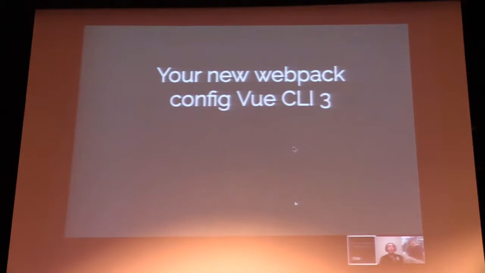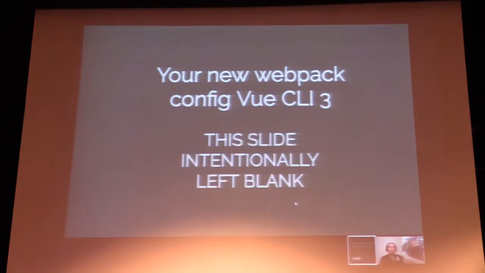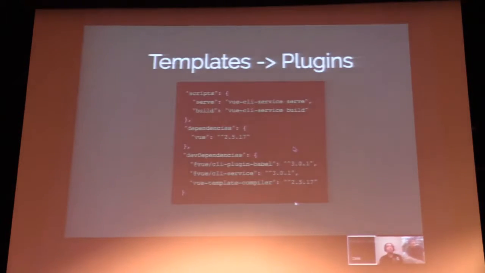So now with Vue CLI 3, this is your config. You don't have to configure any kind of Webpack. Instead, we're not using templates, we're using a plugin-based system. So your build is a dependency.